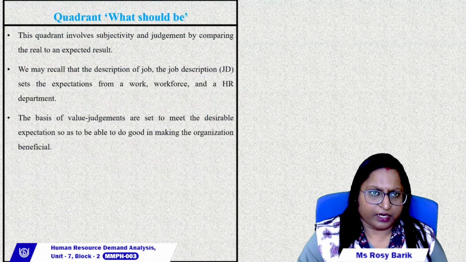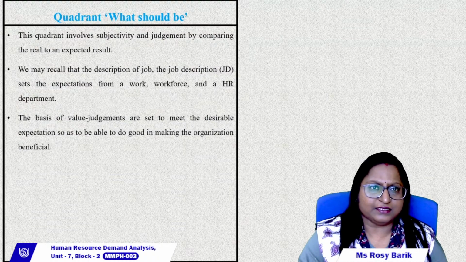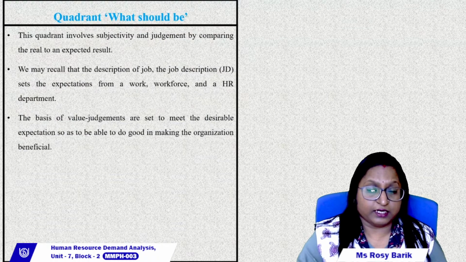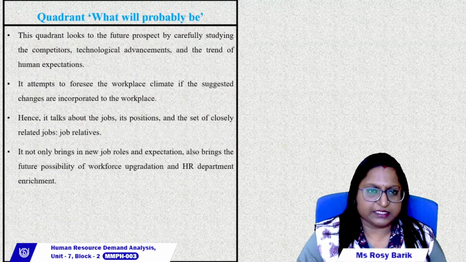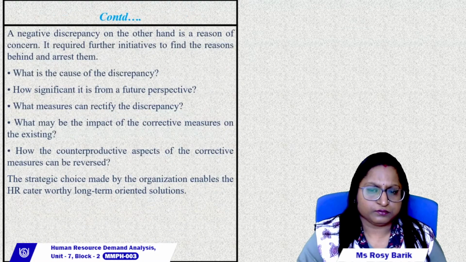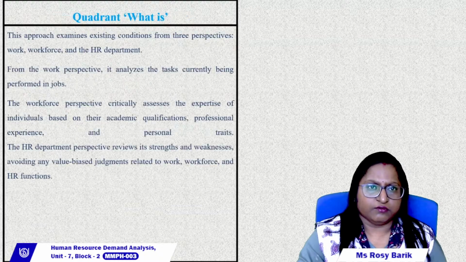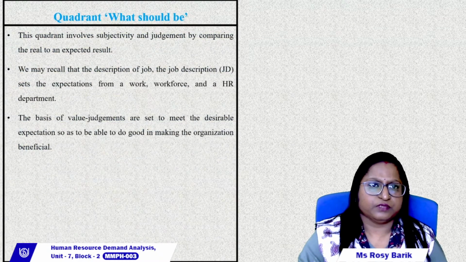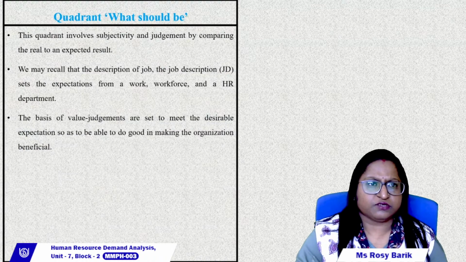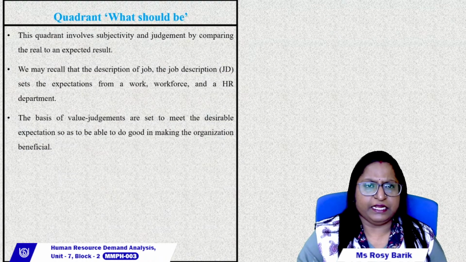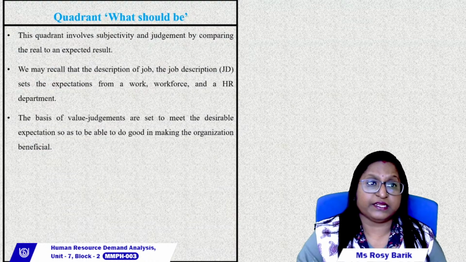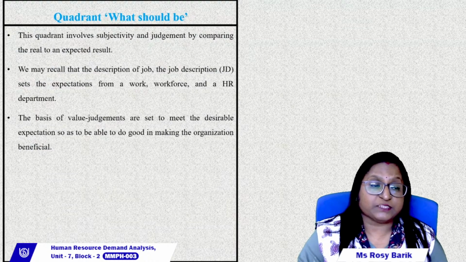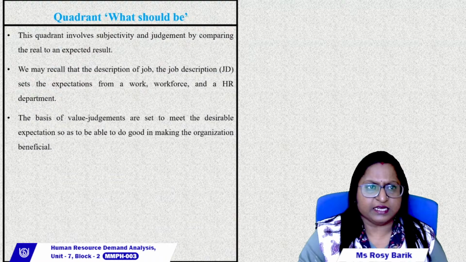Similarly, the quadrant "what should be", that is cell B. So here this quadrant involves subjectivity and judgment by comparing the real result to an expected result.